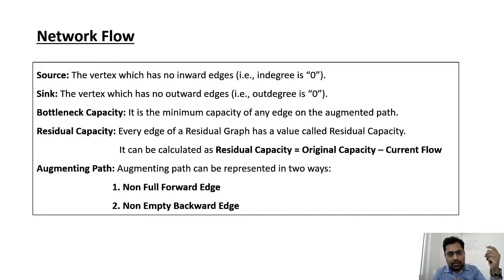The tank is above the roof, and there are many connections from the tank to the tap. So the tank is the source, and the tap is the sink.